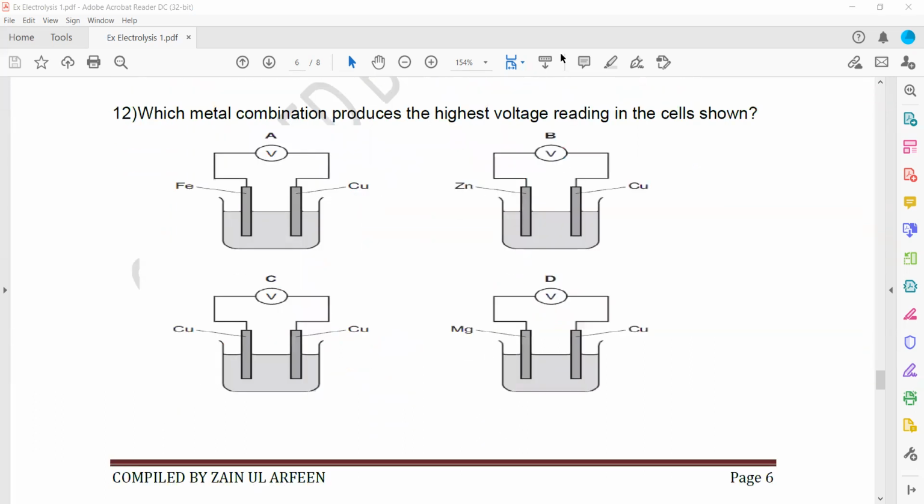Which combination of metals produces the highest voltage? Again, we have to write the reactivity series.